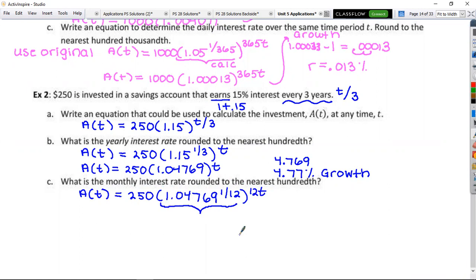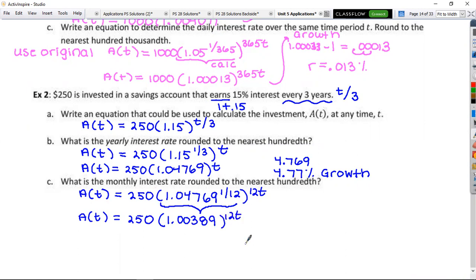And write it accordingly, however far you kind of feel like you have to take it. So this is equal to A of t equivalent to 250. And I'm going to go, did you guys get 1.00389? Perfect. Raised to the 12t.